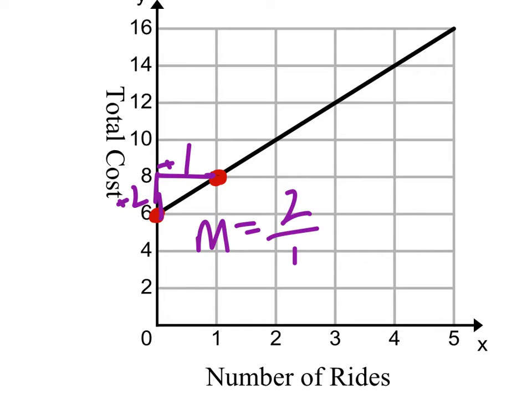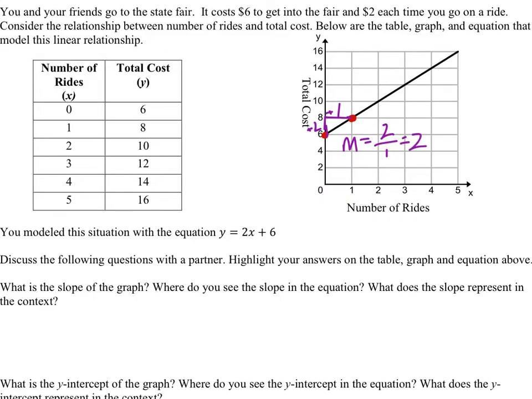We could simplify this to be just a 2 if we wanted to, but it doesn't matter. So keep it as 2 over 1 or 2. Now, based on what we did on the test, you should understand already that for this one I'm going to make it 2 over 1 so we can indicate what each of these represents. 2 was the rise, and the rise is represented by the cost.